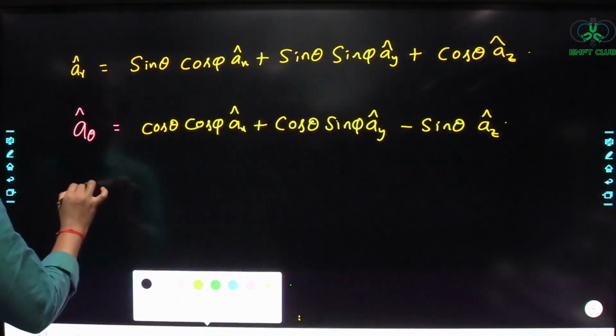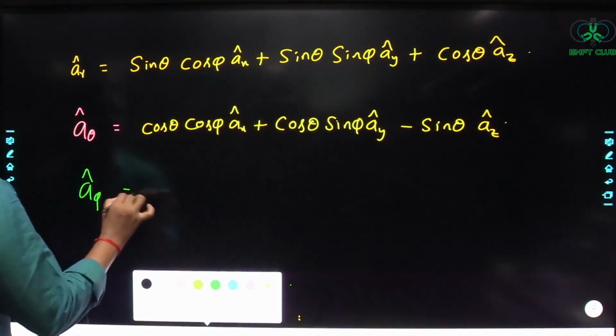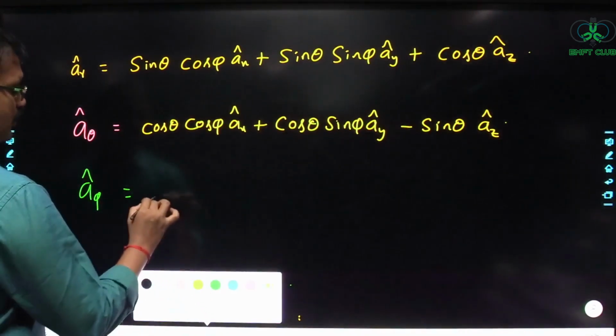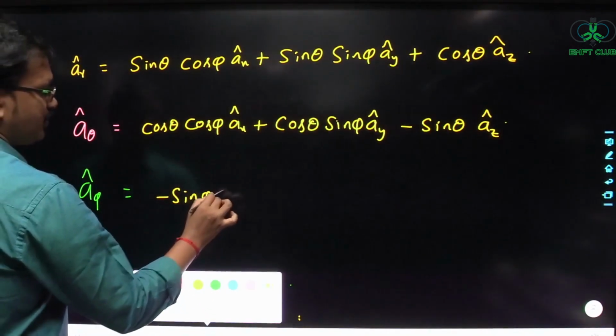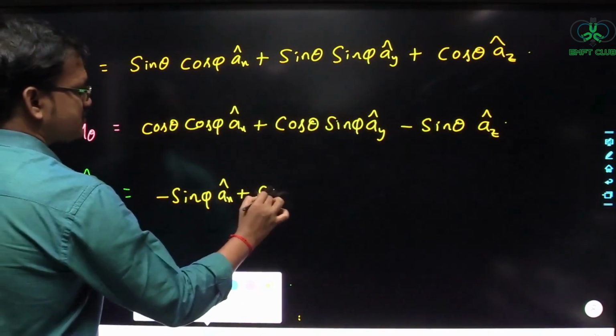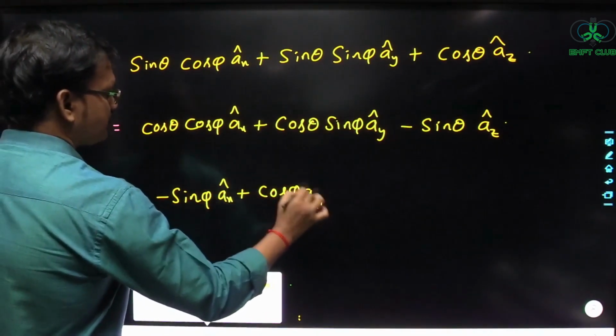In this manner we can remember these expressions. And for a_phi cap, we already know it is equivalent to minus sin phi ax cap plus cos phi ay cap.